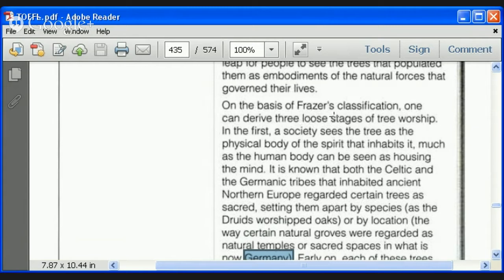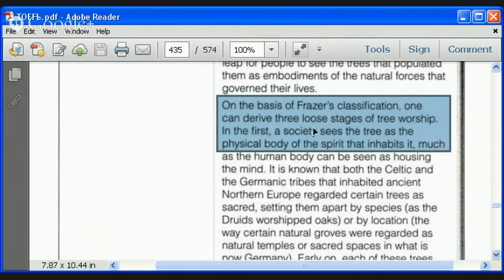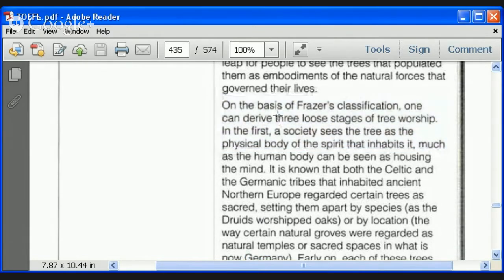Now we're going to skim the supporting paragraphs, kind of like this. On the basis of Frazer's classification, one can derive three loose stages of tree worship. When I see any numbers in a TOEFL reading passage, I know this is key information.